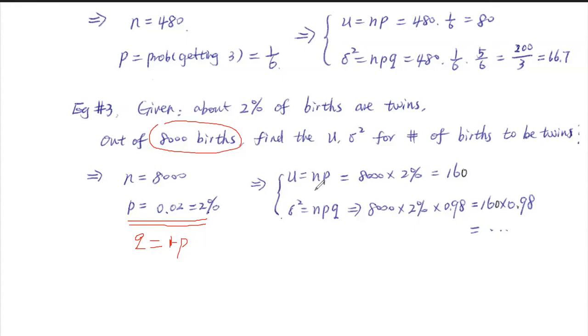So we are using 8,000 multiplied by 2%, and we are getting 160. So in other words, out of the 8,000 births, we are expecting 160 to be twins. How do we get that? We are using the binomial distribution formula, right? The variance is n multiplied by P multiplied by Q. To multiply them together, I have the calculator here, you can calculate.